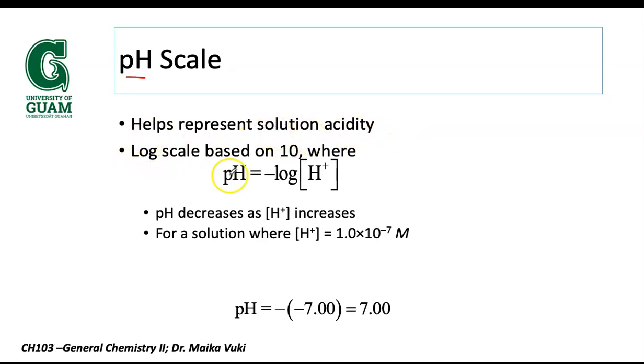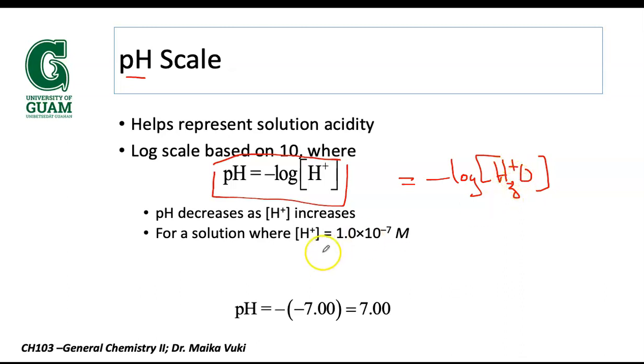In the log scale, this is the equation. pH is a log function. It's minus the log of the concentration of hydrogen ions, or minus log of the H3O plus, okay? H3O plus, and that is hydronium ion.